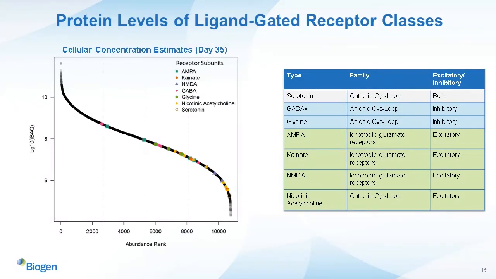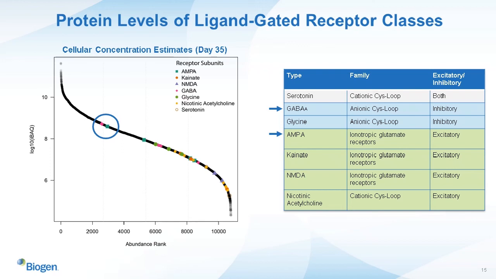A particularly interesting subset of the proteins is the ligand-gated receptors, and there's a variety of different classes. We basically see all of them represented in our data set, albeit at different levels. The most abundant ones we find are the glutamatergic AMPA receptor and the inhibitory GABA-A receptor.